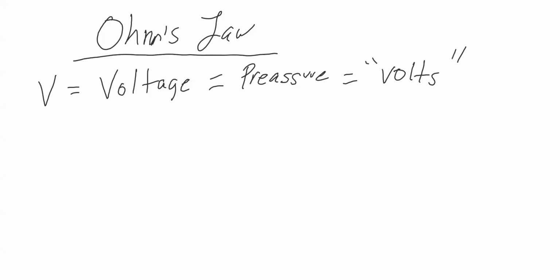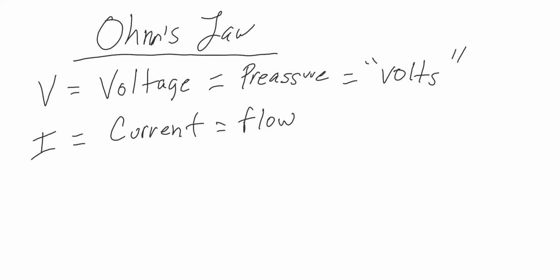The second variable that we have in Ohm's law is the I. And the I stands for current. And current, you can think of it as flow, if we're keeping the same analogy of water.